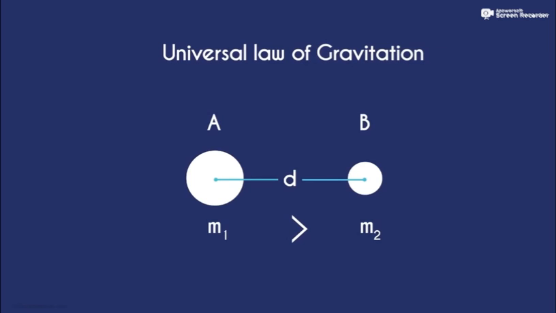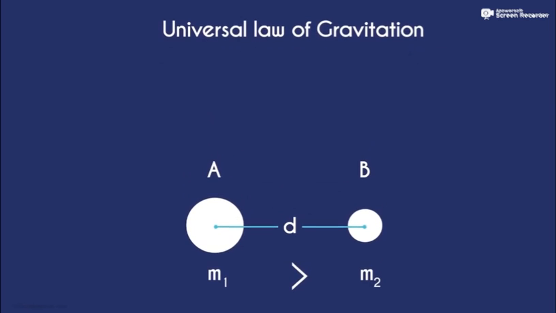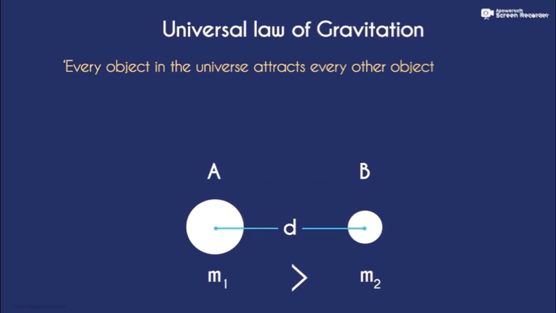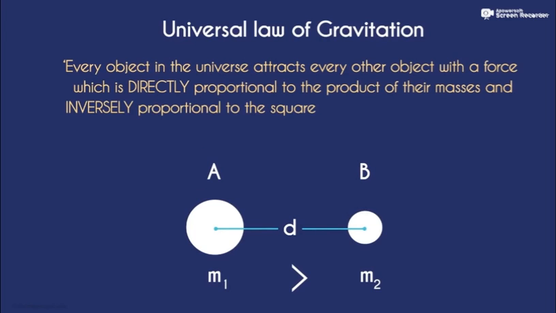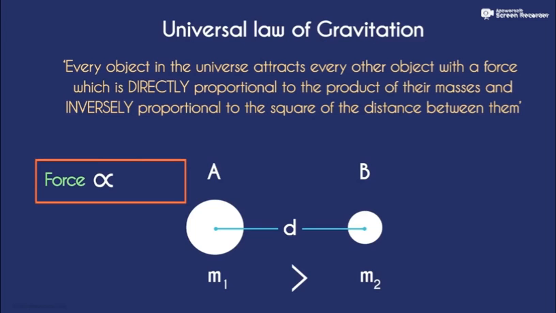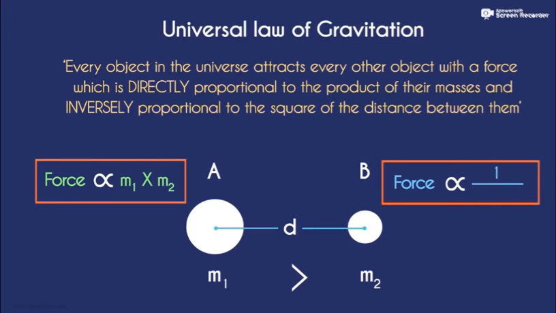The universal law of gravitation says that every object in the universe attracts every other object with a force which is directly proportional to the product of their masses and inversely proportional to the square of the distance between them. Let's repeat it. The force is directly proportional to the product of their masses and the force is inversely proportional to the square of the distance between them.